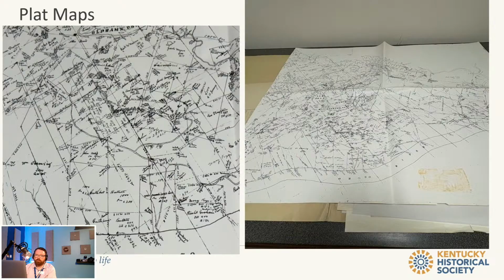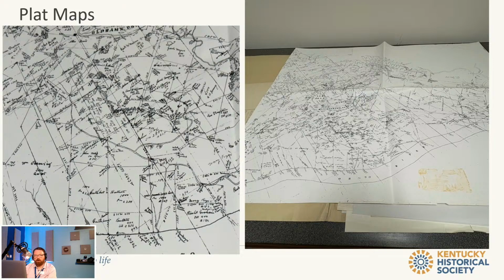And so here are a couple of pictures I wanted to show. This is here in our collection at KHS, in our main Martin F. Schmidt Research Library. This is, I believe, a Jefferson County plat map.